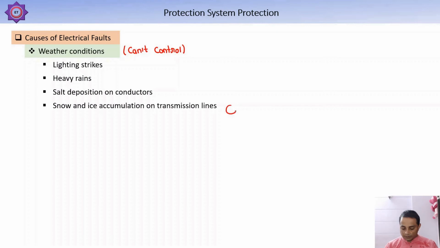Let me draw a conductor and ice accumulation on it. Due to accumulation of ice, the weight of the conductor increases. Since the effective area of the conductor increases, the wind effect also increases, and due to the weight, the sag also increases.